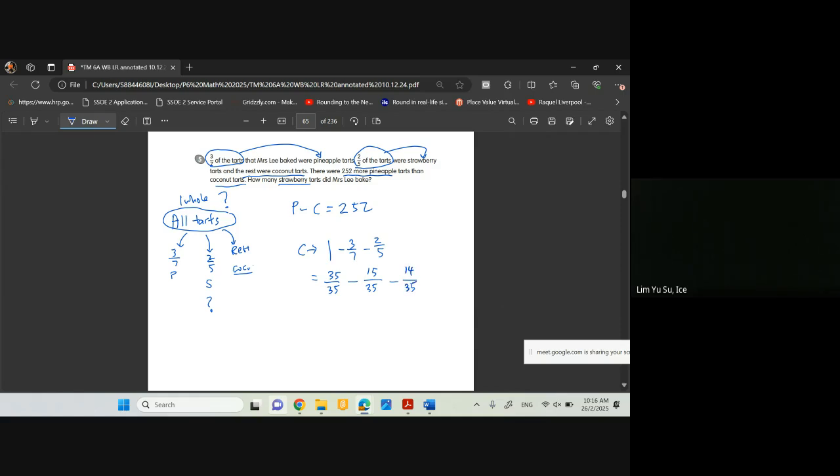That's right. Okay, then what do you get for coconut? 6, that's correct. Wow, very fast. So impressive. So now you have this fraction already. This is 6 out of 35.